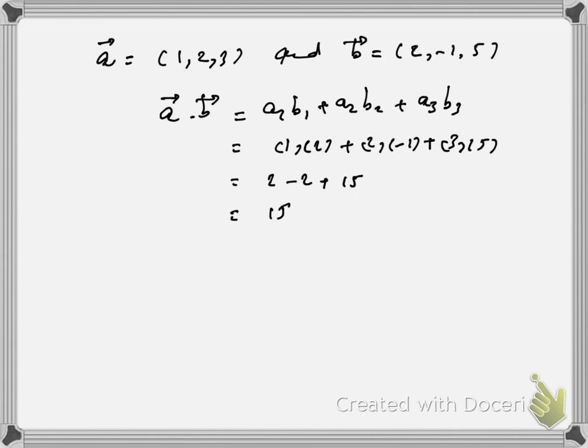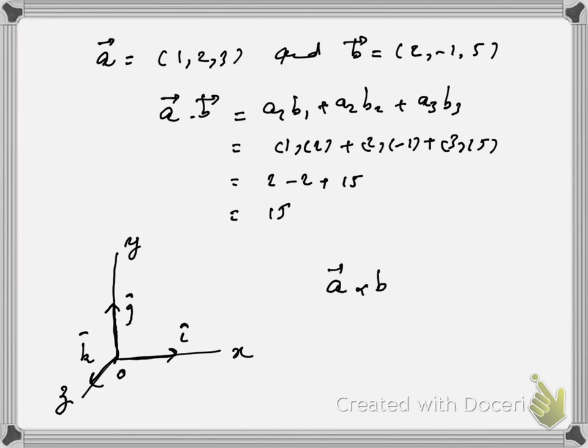Now come to fundamental directions again: x-axis, y-axis, z-axis. i cap is the direction of x-axis, j cap is the direction of y-axis, k cap is the direction of z-axis. You know that A cross B is equal to magnitude of A into magnitude of B into sine of angle between vectors A and B with its direction n cap.